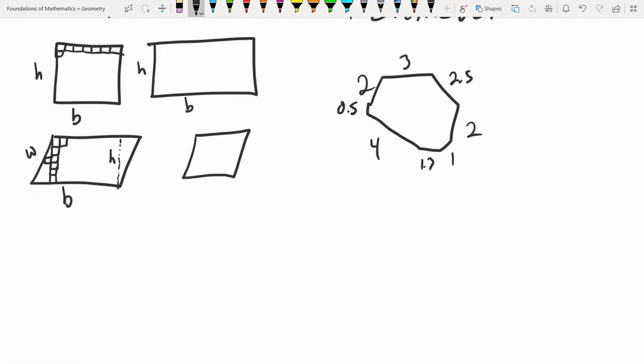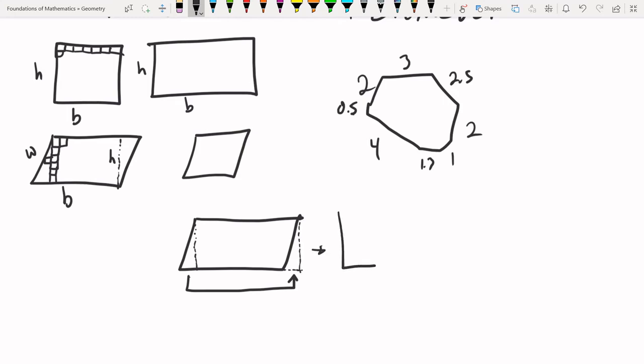And if I were to take a parallelogram like this, cut right there with a knife, and then move it right here, then what I get is a rectangle.